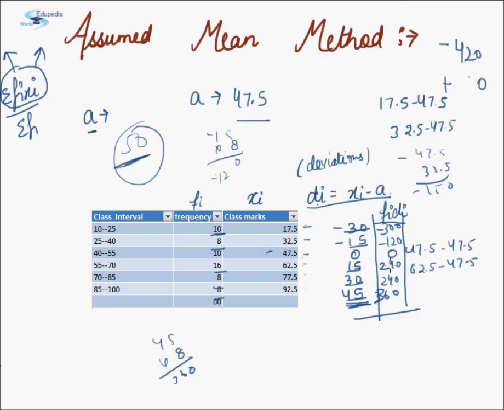The sum of negative values is minus 300 plus minus 120, that is minus 420, and for positive values we have 240, 240 and 360, which sums to 840. So we have the sum as 420.